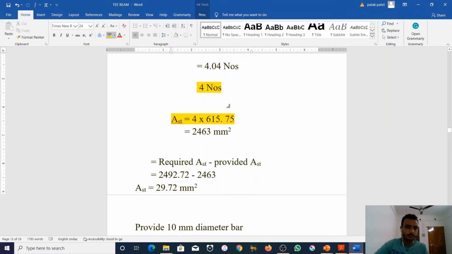Small Ast times four bars gives 2463 mm square.